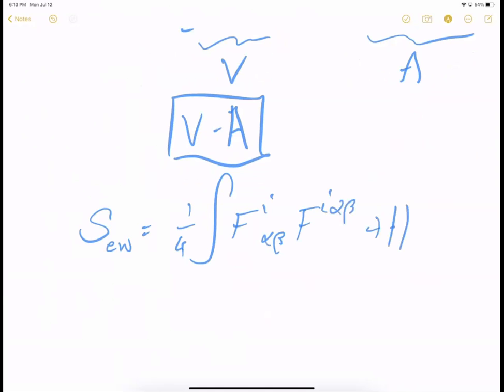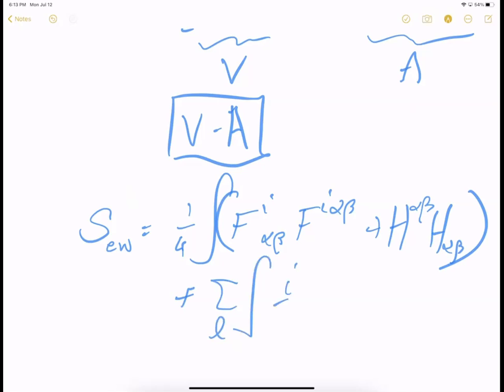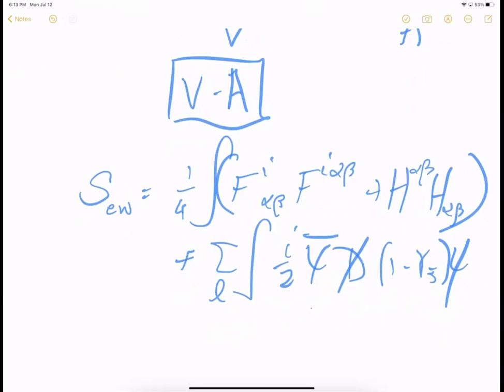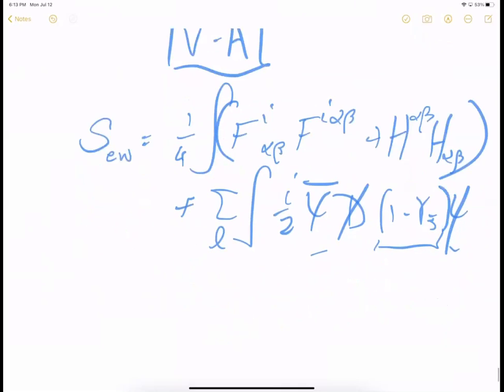Well, we also have what I call the H field, and then we're going to have a sum over the leptons of something like psi bar, and we can d slash, but now we need a 1 minus gamma 5 in here times psi. So now the interaction between these fermions is only an interaction between the left-handed fermions, and the d slash.